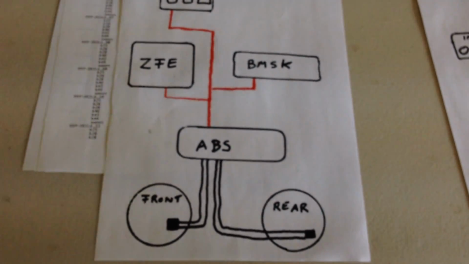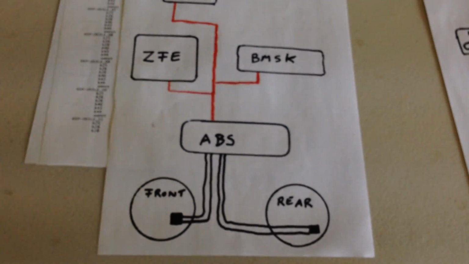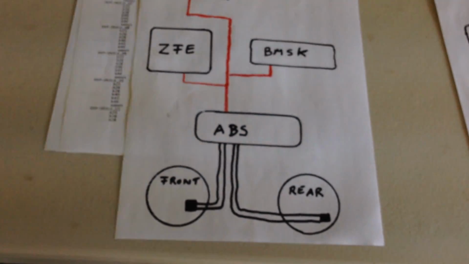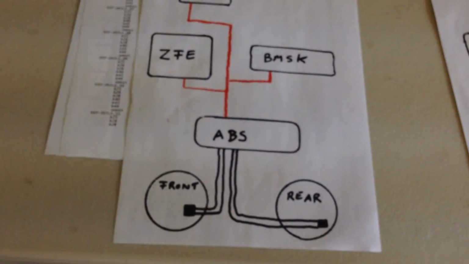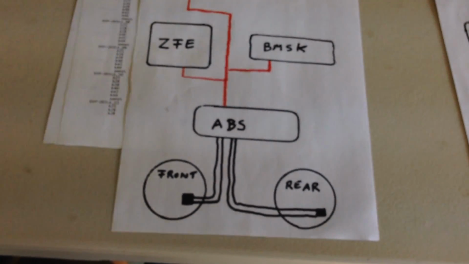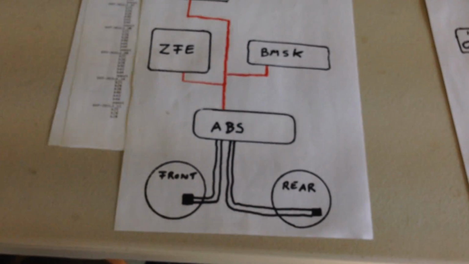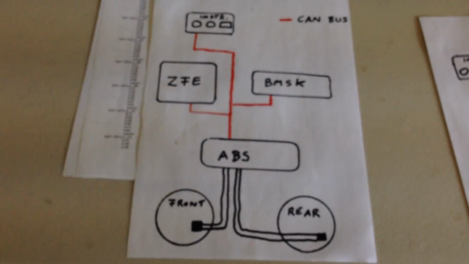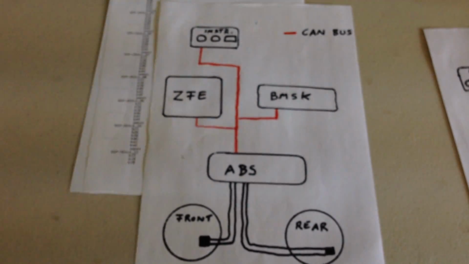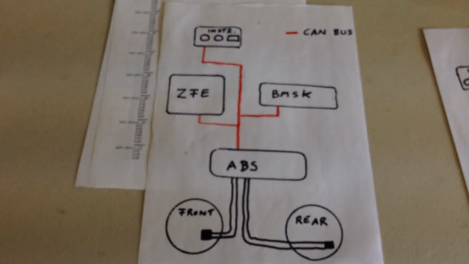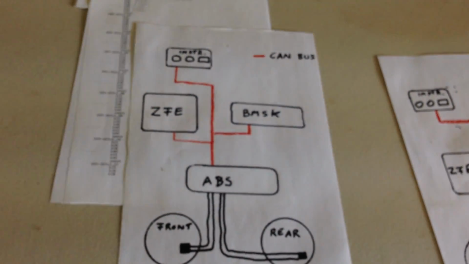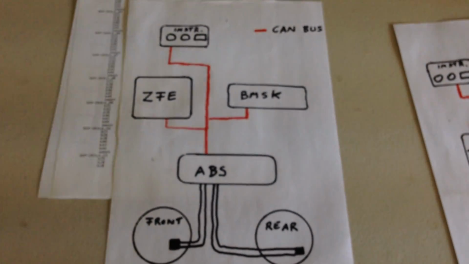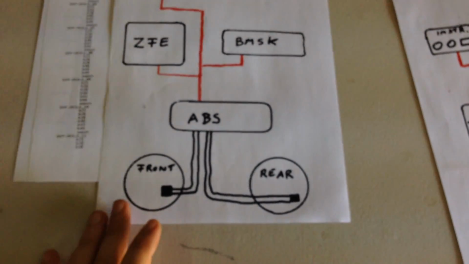The first bikes came out in 2004, and then they took them back, and the official sale started in 2005. In 2005, you could order this bike without ABS, mainly in England. In the rest of Europe, it was mandatory to have the ABS. So this is how the ABS system works.